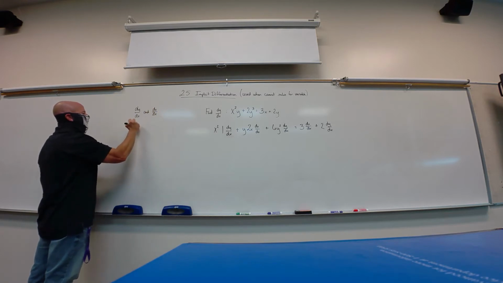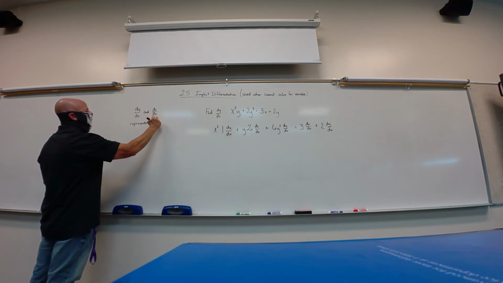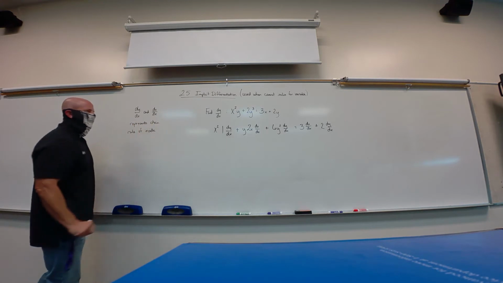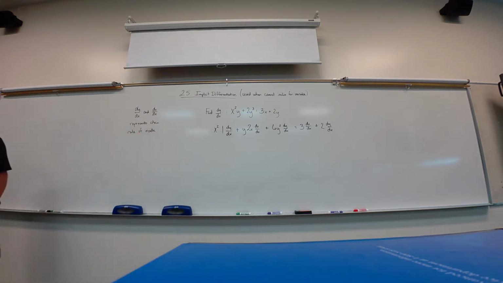Now, the dy/dx and the dx/dx in the problem represent the chain rule of the inside. So inside's x, dx/dx. Inside's y, dy/dx. There's that chain rule where I'm looking back to the inside. You're already used to using the chain rule. Nothing new on that, just looking back to the inside.